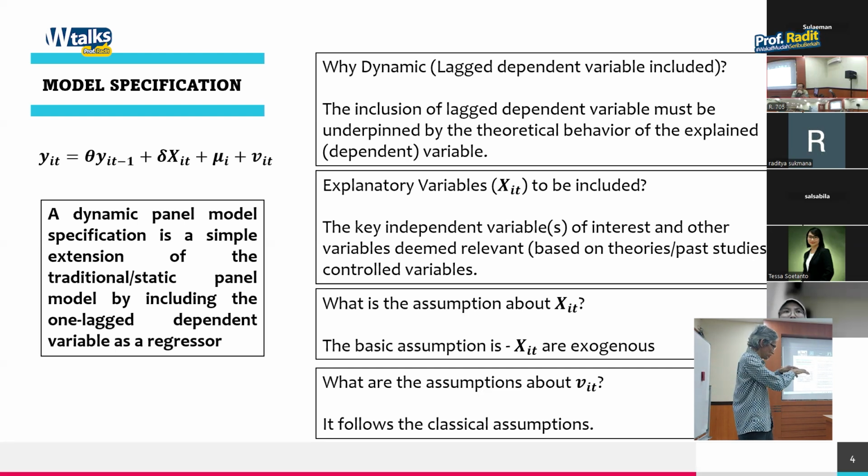And because you have many cross-section units, error terms have no cross-sectional dependence. Error terms are homoscedastic in terms of variance, right? And the model specification is right. So those are the classical assumptions that you put in. So these are the starting point of model specifications.